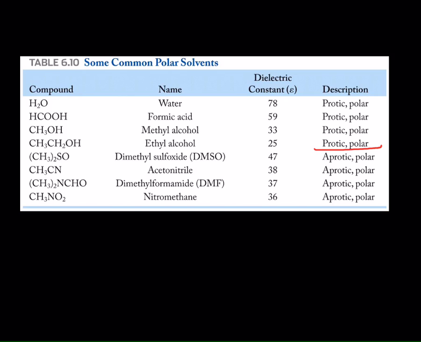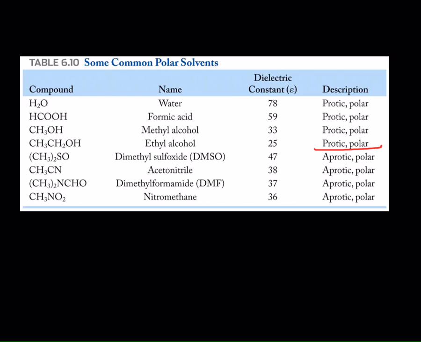Obviously, nonpolar solvents tend to be things like alkanes, ethers, larger ethers are fairly nonpolar, although diethyl ether is somewhat polar. THF, tetrahydrofuran, is a cyclic ether. It's polar. As a matter of fact, it's miscible in water.